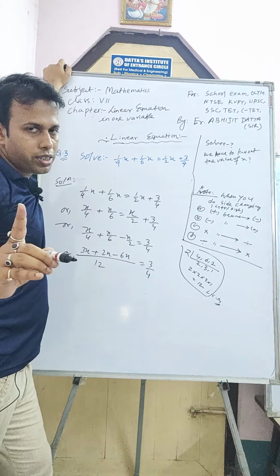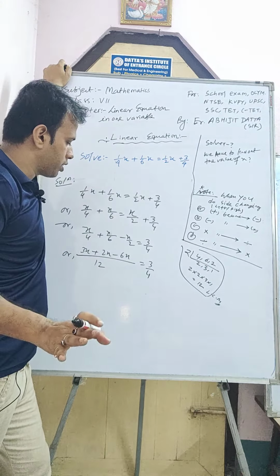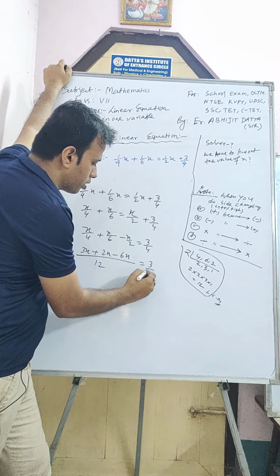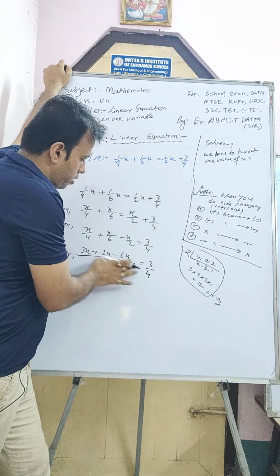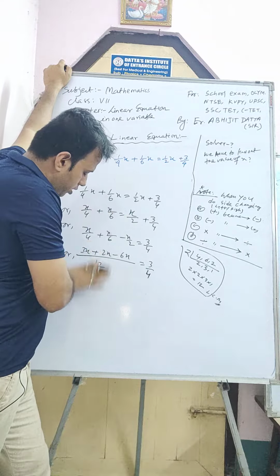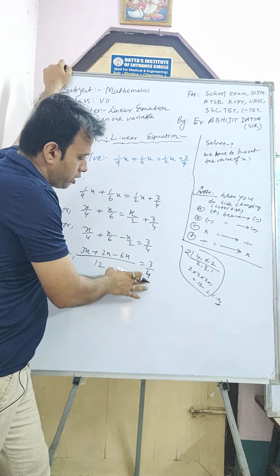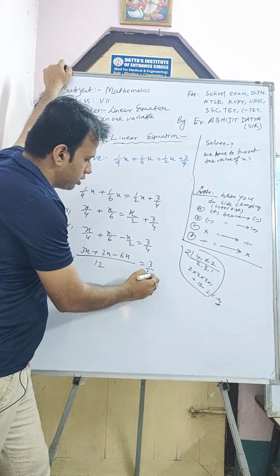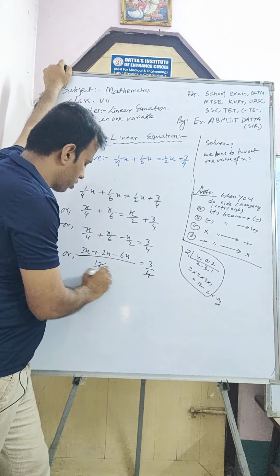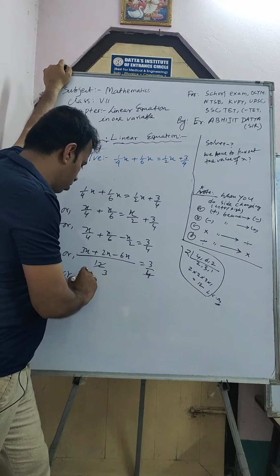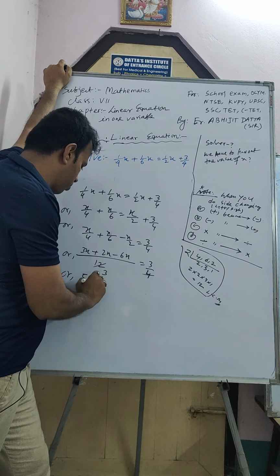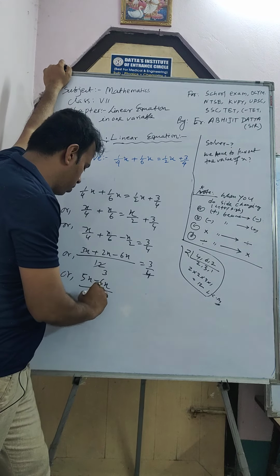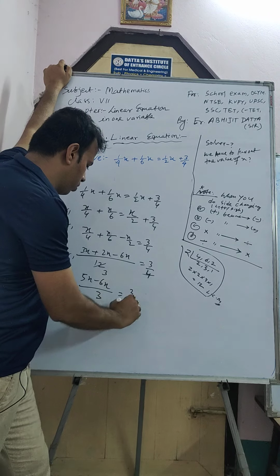One more interesting and useful thing, always remember, if both sides have the same denominator, then the numerators can be cancelled, and the lower side we can cancel. This one can be cancelled. Here will be 5x minus 6x upon 3, here will be 3 by 1, right?